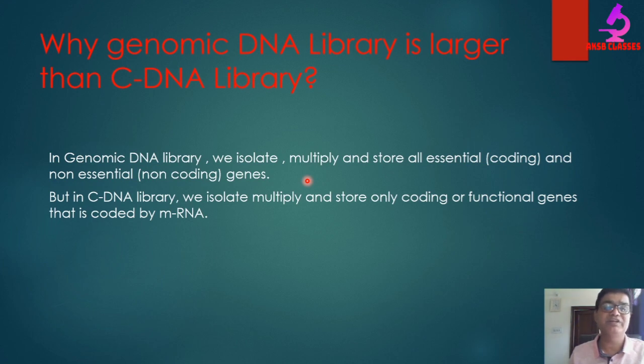But if we are concerned with the cDNA library, we isolate, multiply and store only coding or functional genes that are coded by mRNA. Means DNA makes mRNA and mRNA makes proteins. So if the gene is functional, it must make mRNA, and then the protein that we observe must be translated from mRNA.